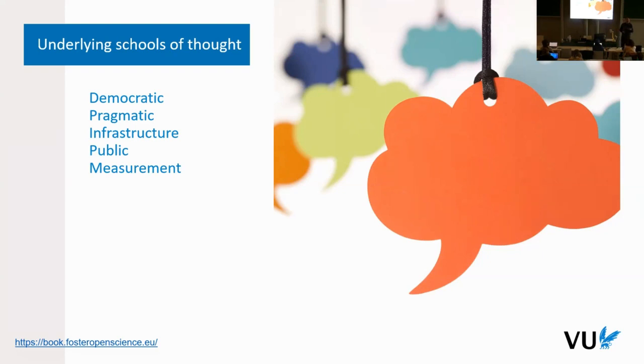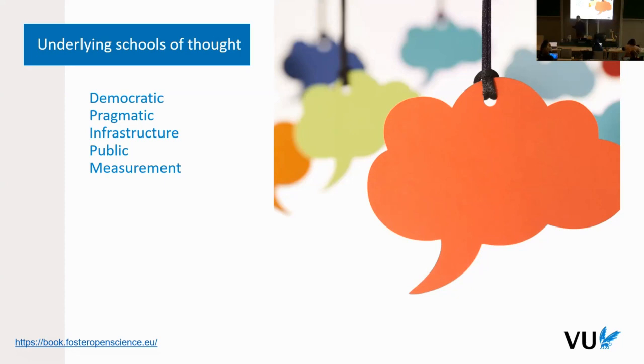But there are also other schools of thought that would point towards open science, like a more pragmatic school of thought. What's the most practical way of engaging in research? Is, for example, having everything that's being written openly accessible, or being able to reuse data that has already been collected, so you don't have to collect it anew, which is very pragmatic and even economical, without even having to think about the liberal democratic values that underlie this.